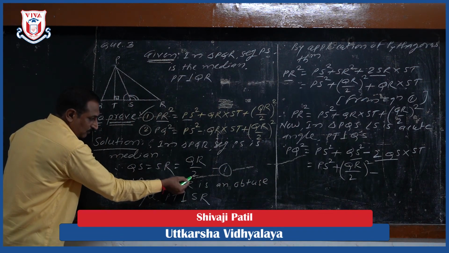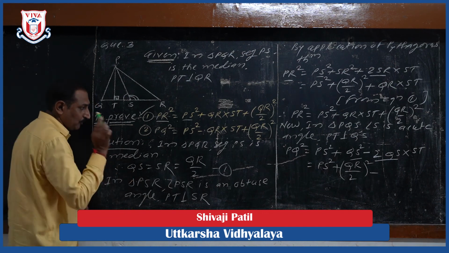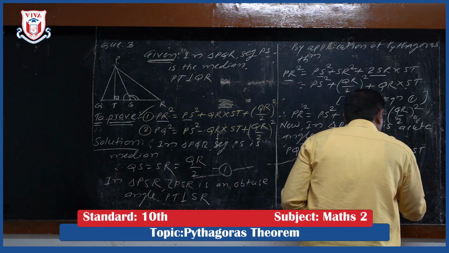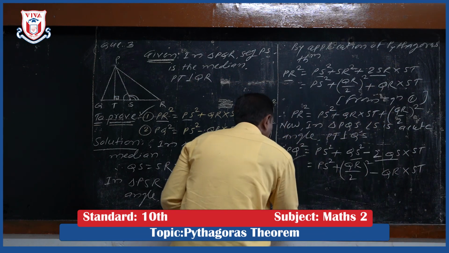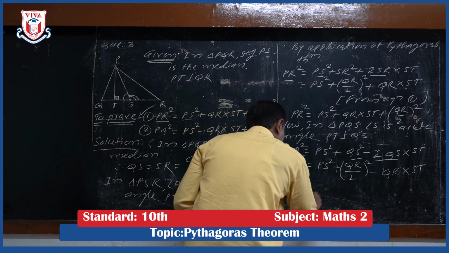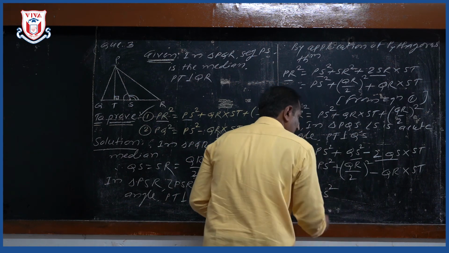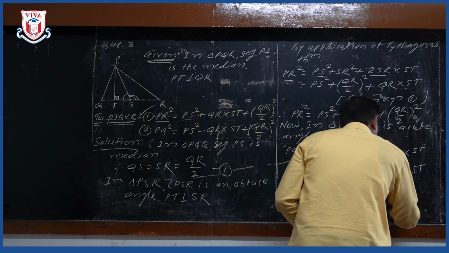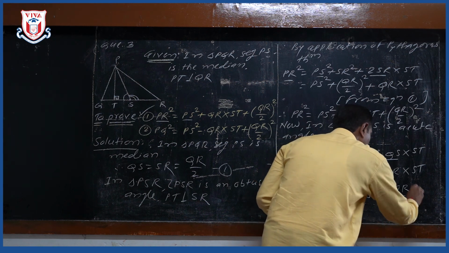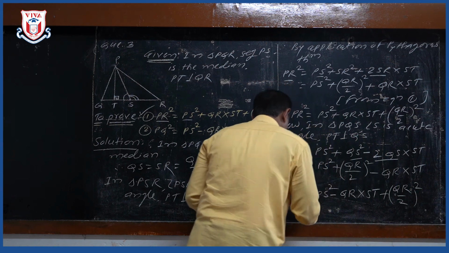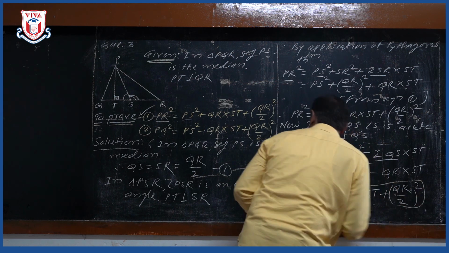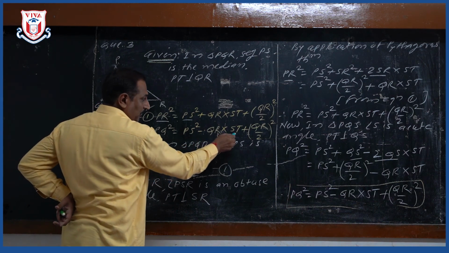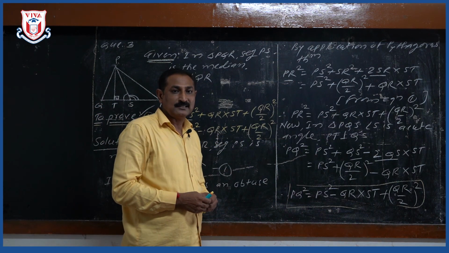QS is equal to QR by 2. Therefore, QR is equal to 2 into QS, means 2 QS is equal to QR. Hence, I write here QR into ST. Therefore, PQ square is equal to PS square minus QR into ST plus QR by 2 bracket square. This second is proof. PQ square is equal to PS square minus QR into ST plus QR by 2 bracket square. Thank you.